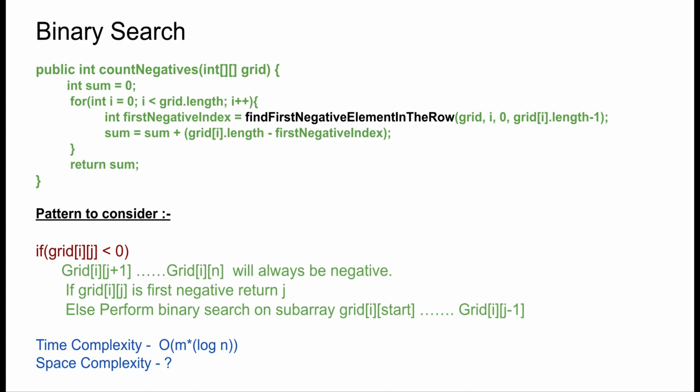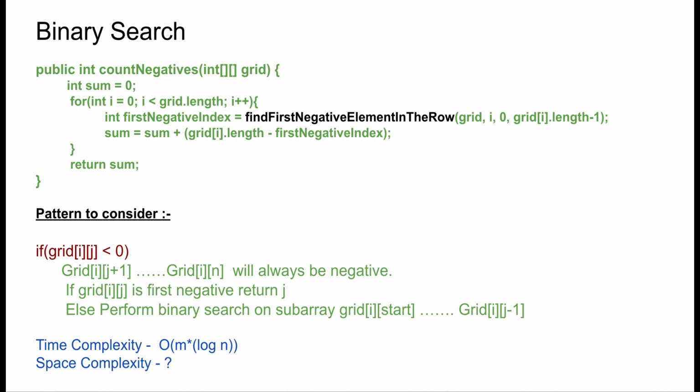As we all know, we can consider a two-dimensional array as a collection of one-dimensional arrays. So the time complexity of performing binary search on a two-dimensional array of m rows and n columns becomes order of m into log n, and hence the time complexity of this approach is order m into log n.